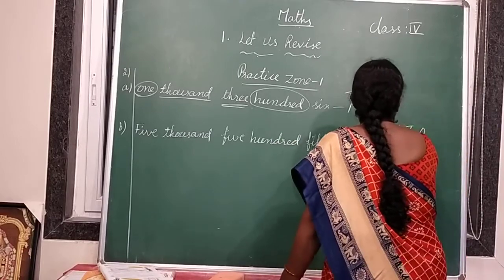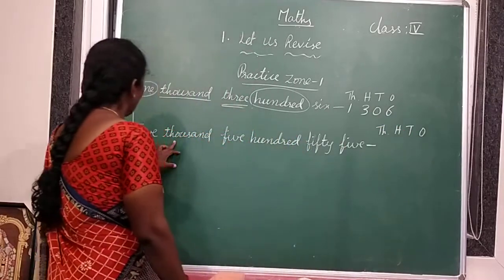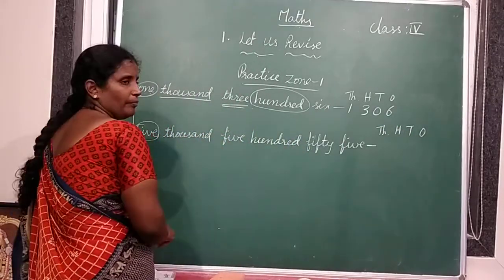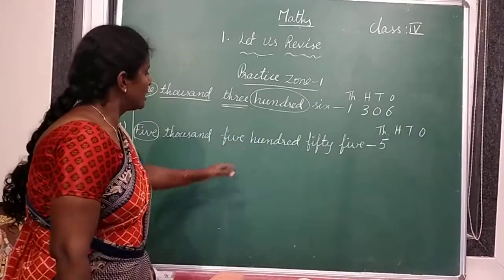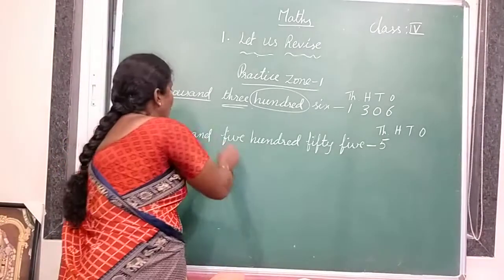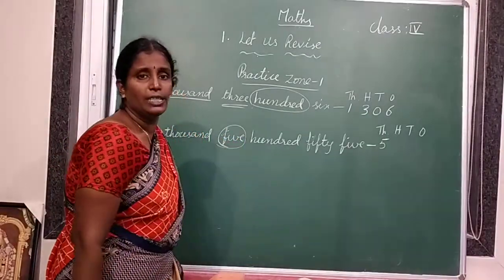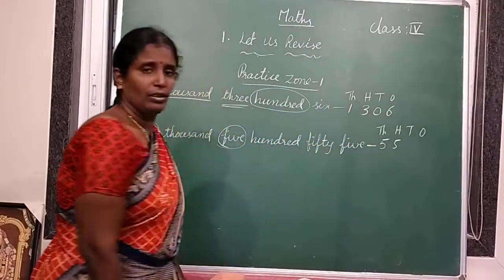Ones, tens, hundreds, thousands. How many thousands are there? 5000. So 5 under thousands place. Next, how many hundreds are there? 500. So 5 under hundreds place.